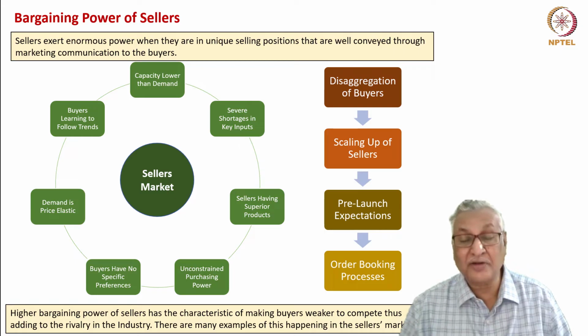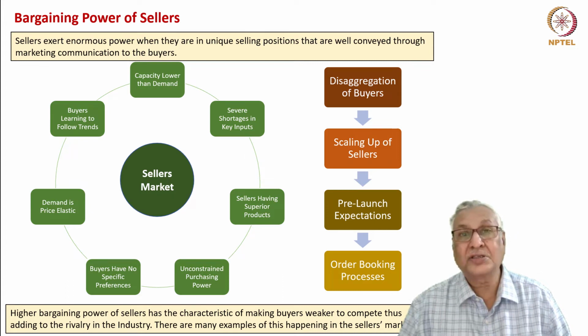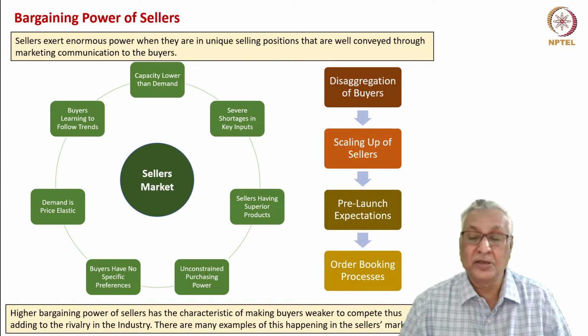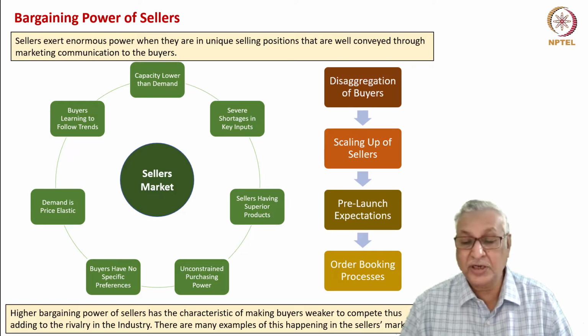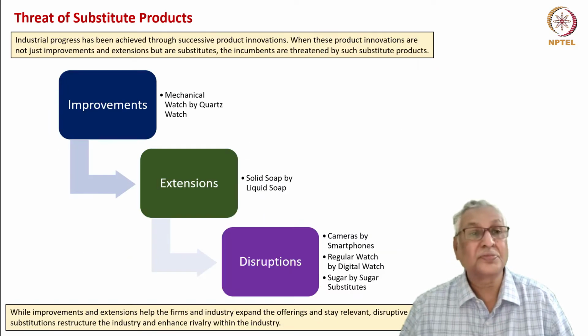Of course, the products have to justify the kind of expectation that has been whipped up in the marketplace. If that is not justified, of course, the bubble will burst. Higher bargaining power of sellers has the characteristic of making buyers weaker to compete, thus adding to the rivalry in the industry. There are many examples of this happening in the seller's market.